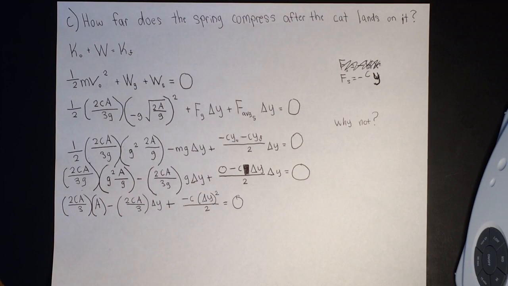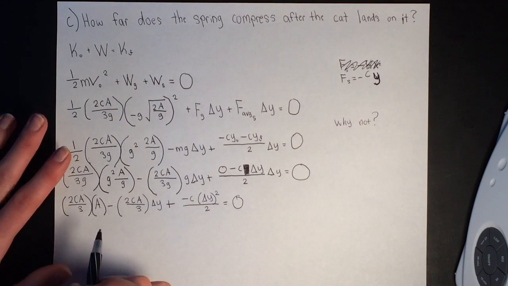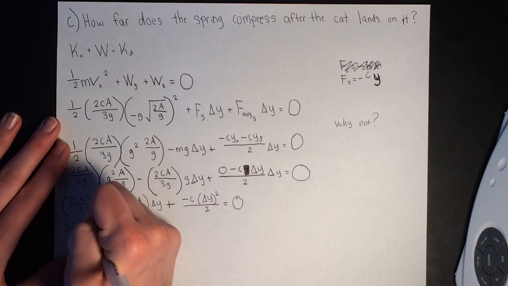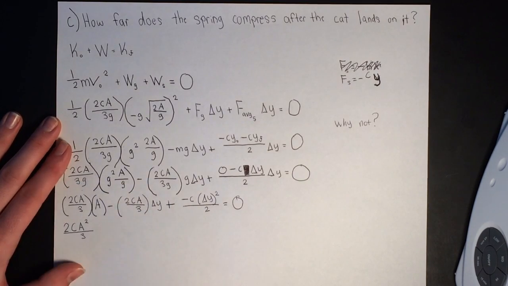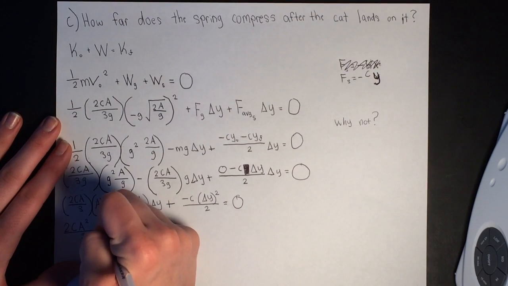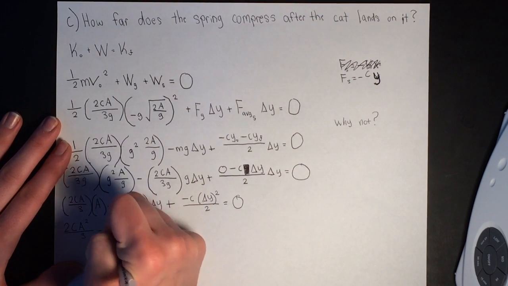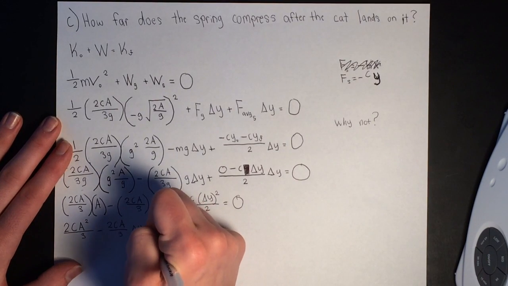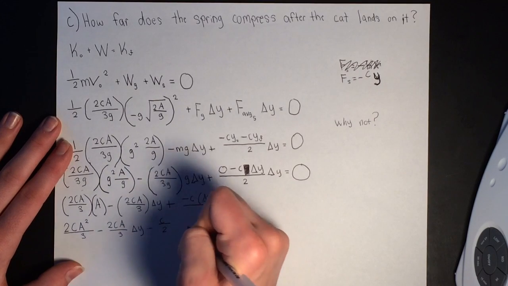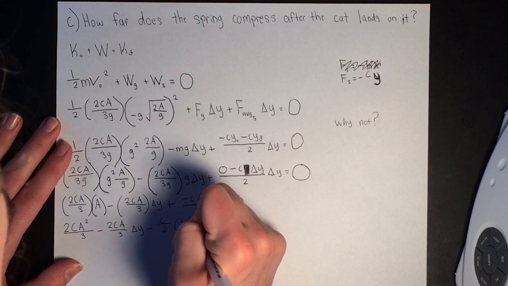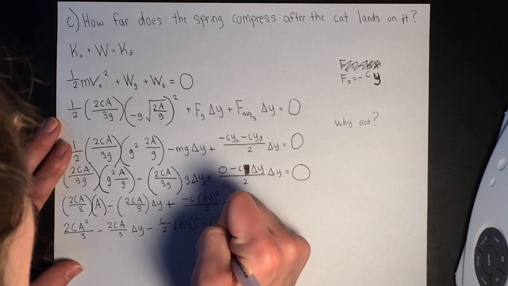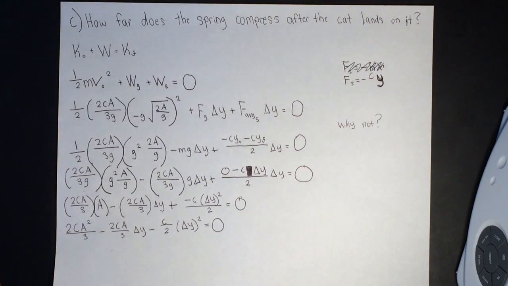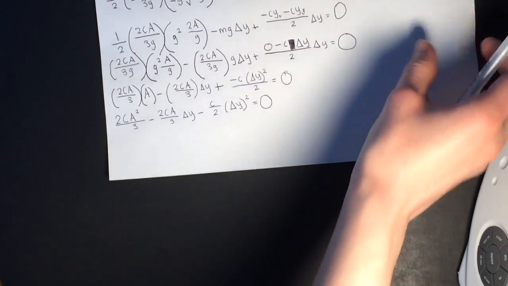And then with a little more simplification, here there are 2 a's, so we can simplify this term to 2ca squared over 3. This is the same thing, negative 2ca over 3 times delta y, and then minus c over 2 times delta y squared equals 0. We're actually going to need the quadratic formula to solve this here.